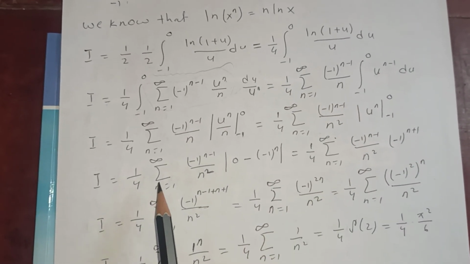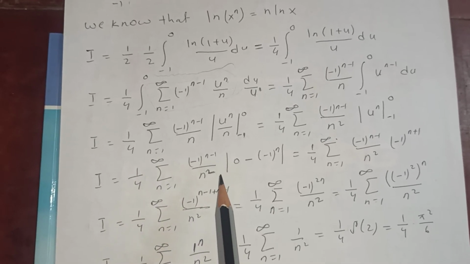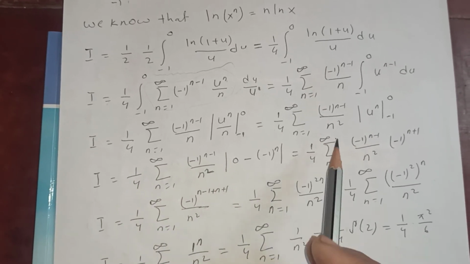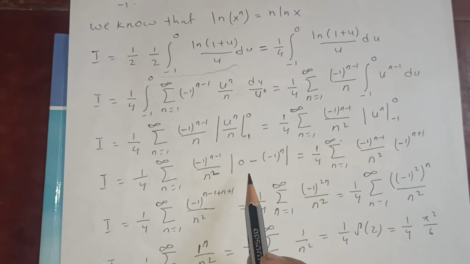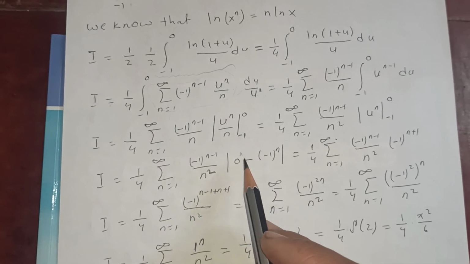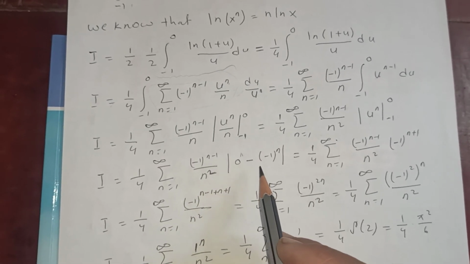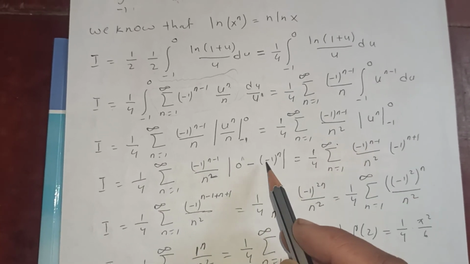So which is 1 by 4 sum from n equal to 1 to infinity, minus 1 to the n minus 1 upon n squared. If you plug in the value here, 0 to the n is just 0, right? Minus, if you plug in u equals minus 1, minus 1 to the n.